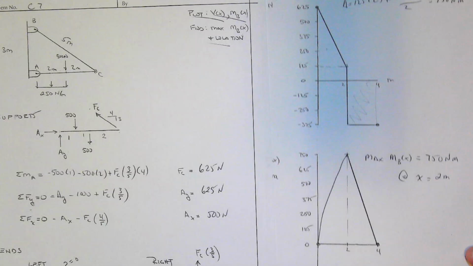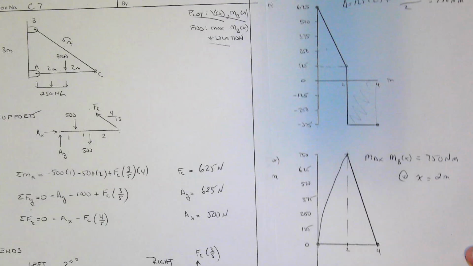And finally, we have AX is pushing out. This is pulling back. Notice that's 4/5. That would be the X component. Solve for AX, get 500 newtons, which is fairly straightforward.